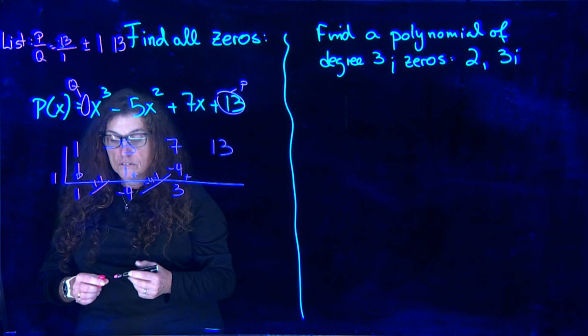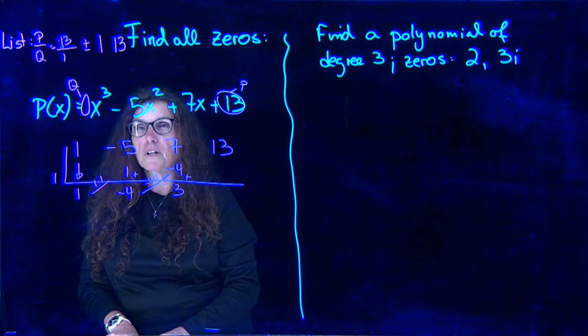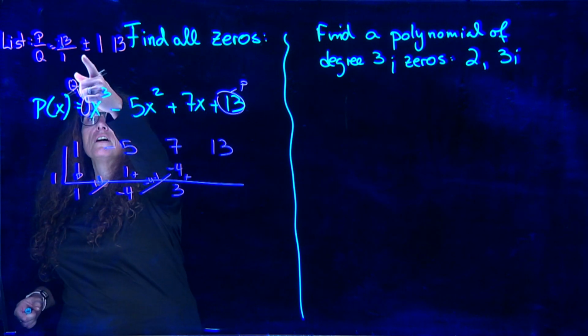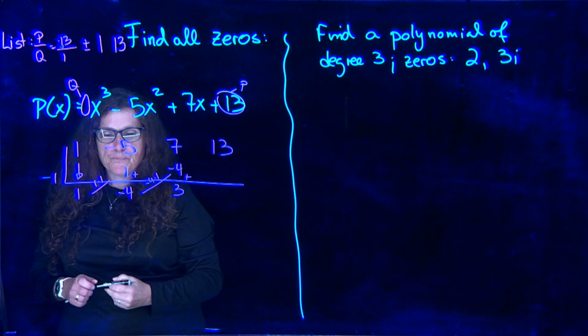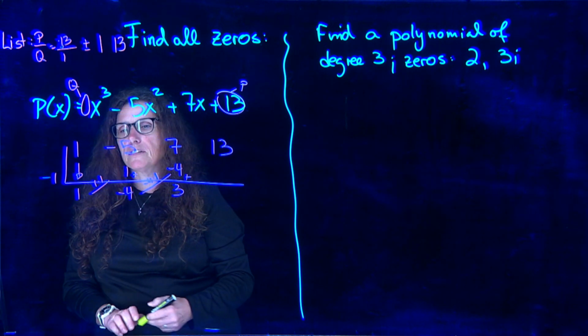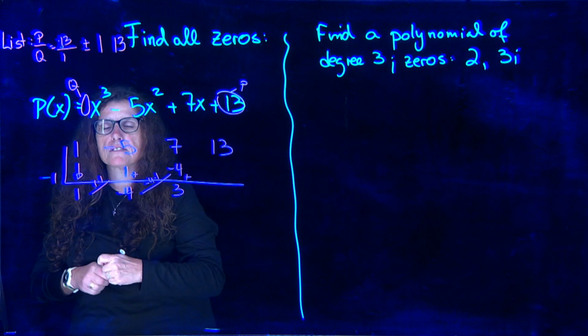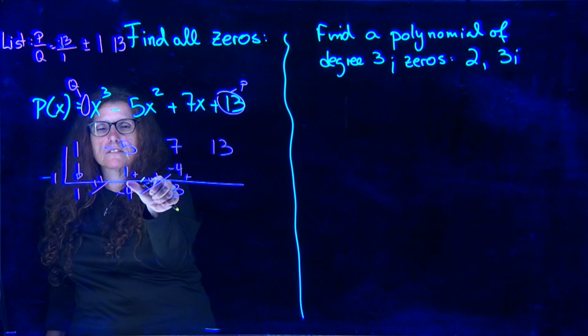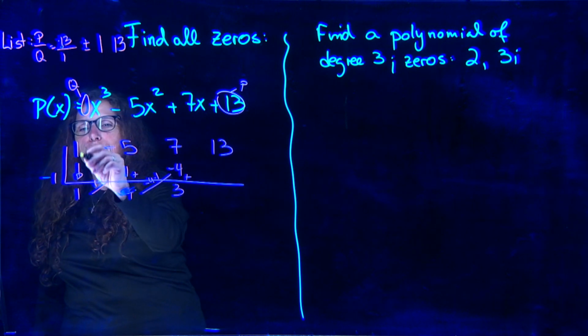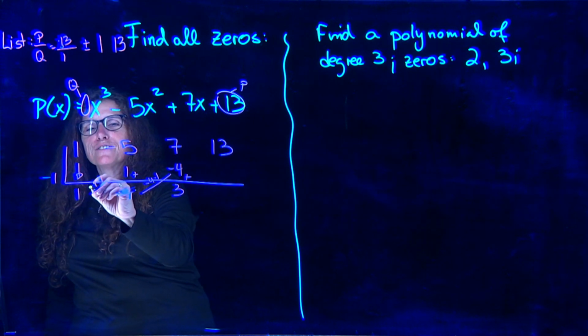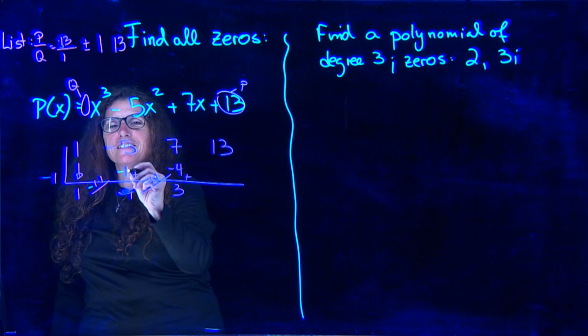So, okay, I only had 4 possible choices. I picked the wrong one, so the next value in my list would be a -1. Okay, so let's try -1 and see what happens. Let me just change the signs. We bring down the 1. -1 times 1 is a -1.